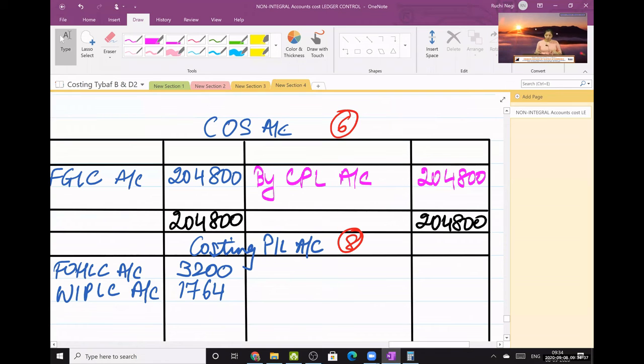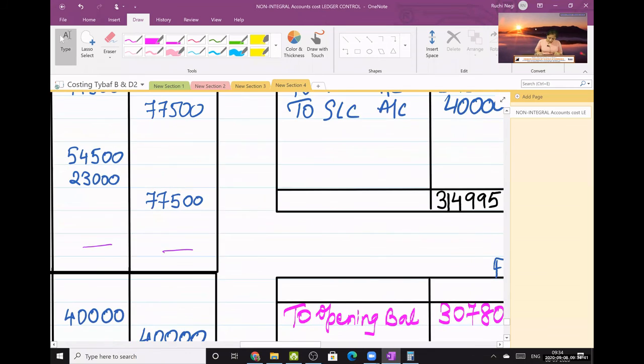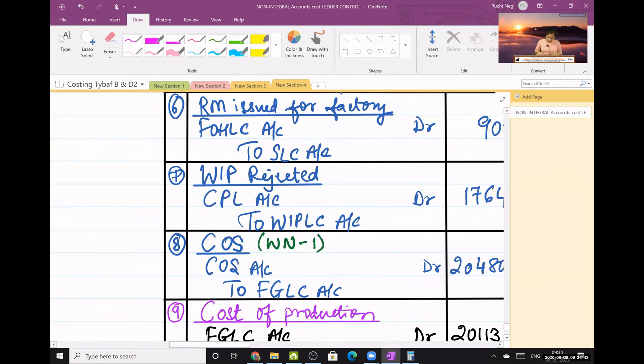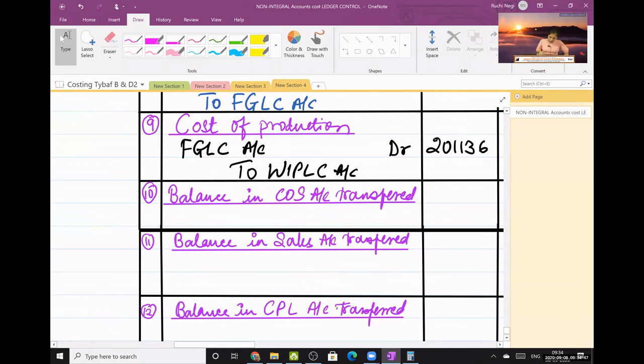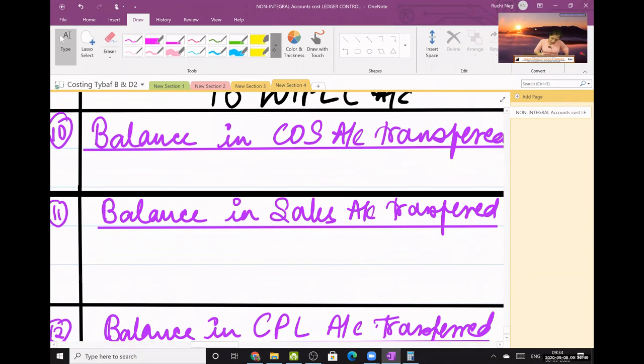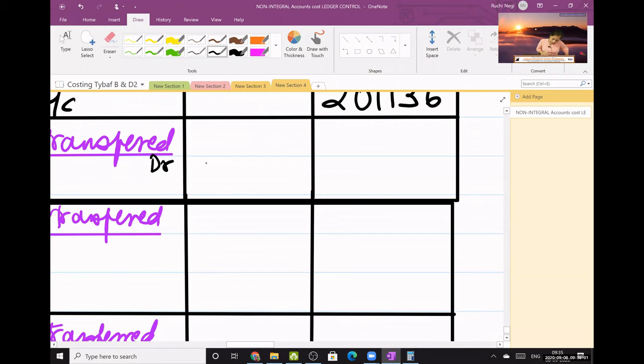So what is the journal entry? CPL to COS. Write the journal entry here. Journal entry number 10, balance in COS account transfer. So CPL account debit to cost of sales account, 2,04,800.